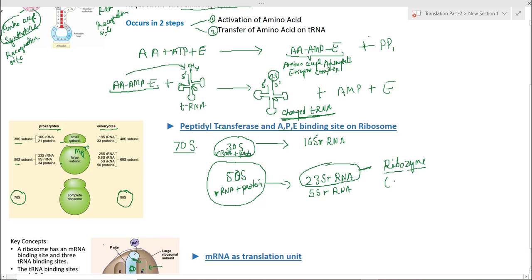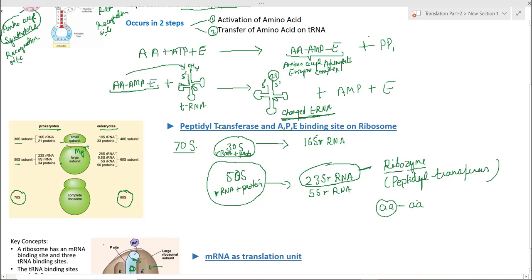Its other name is peptidyl transferase. Why is it known as peptidyl transferase? Because it catalyzes the reaction between amino acids and helps in forming the peptide bond.